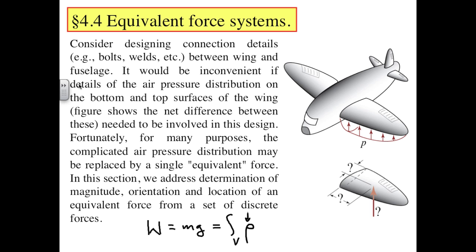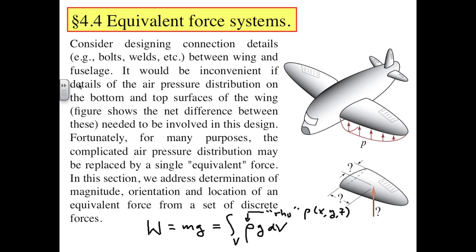So this is rho, mass density, and it will generally be a function of spatial position. We could write this as the integral of mass density times g over the volume.